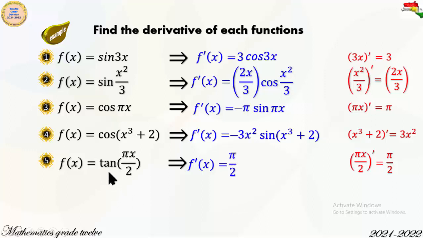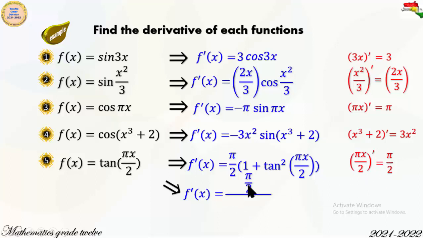Then the derivative of tangent is 1 plus tangent square. Write the angle without changing, pi x over 2. Or you have another way: first of all, write pi over 2 at the numerator, then write cosine square of pi x over 2.